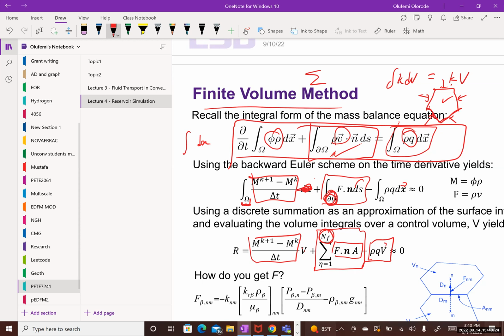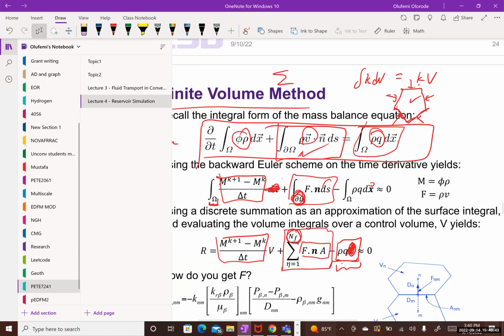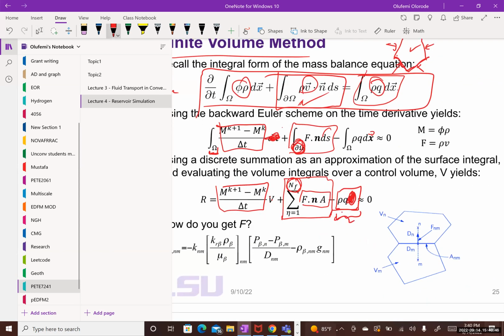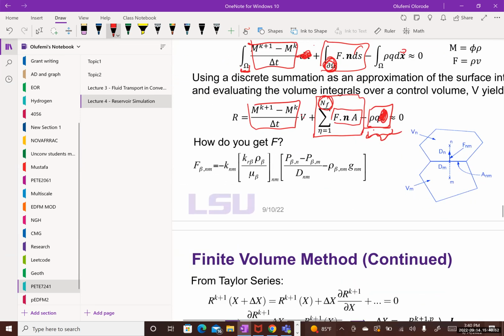And remember what I told you about this guy, depending on the unit of Q. I don't have to keep mentioning it every time. When you do the unit conversion, you will see it actually should be rho Q, if Q is volume per time. So if you ever work this out and you see that the unit on this term is not working out, divide by Q. The reason you see this, I should mention, is that different authors use different units for Q. That's why the equation is always messed up, this guy.